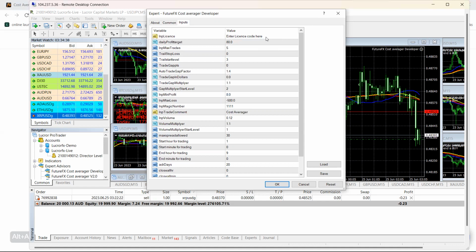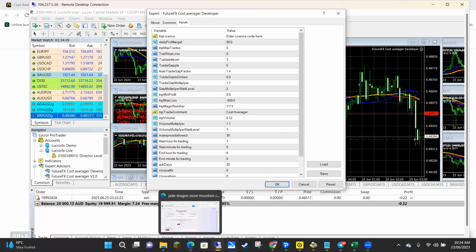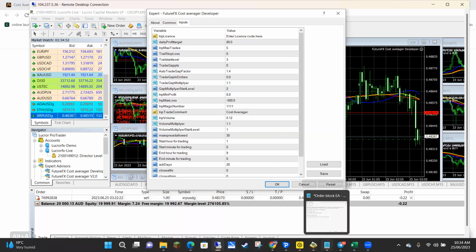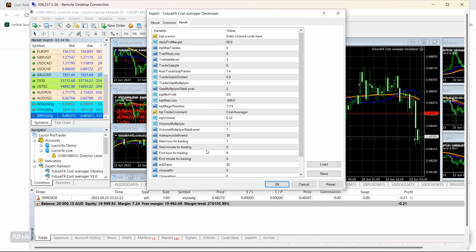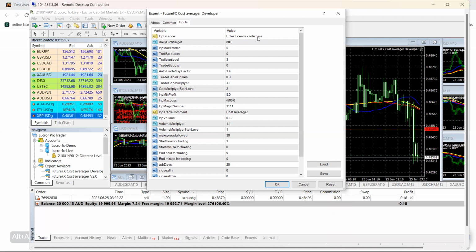Don't know why, but there have been a few people where that doesn't work. What they actually need to do is copy the key from wherever I sent it to you, and then come down here into Notepad and paste it into there, and then recopy it from there, and then paste it into the EA. Now, honestly, I have no idea why that works, but that solves the problem if you're having that issue.